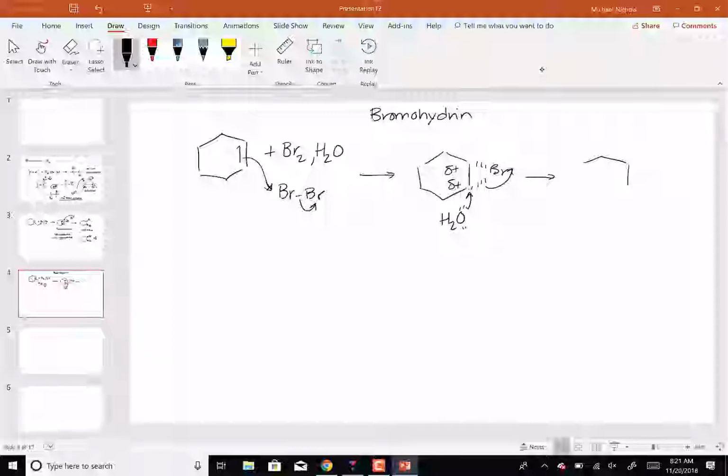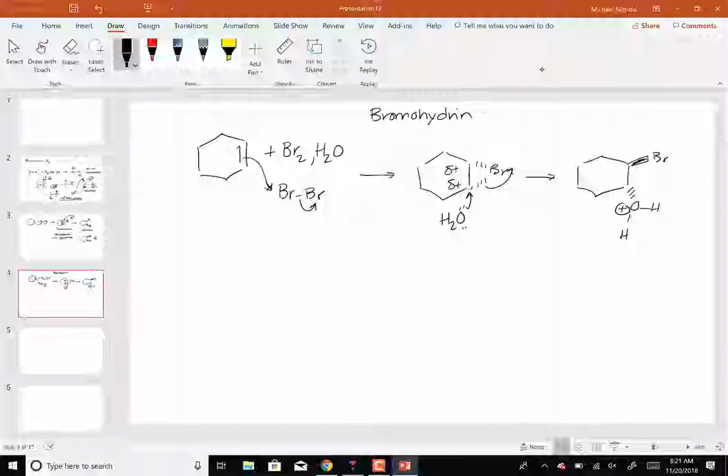The water added opposite the bromine, so if the bromine added on top, that means the water is on the bottom as an oxonium ion. So now I added a Br and an H2O trans, 100% trans.